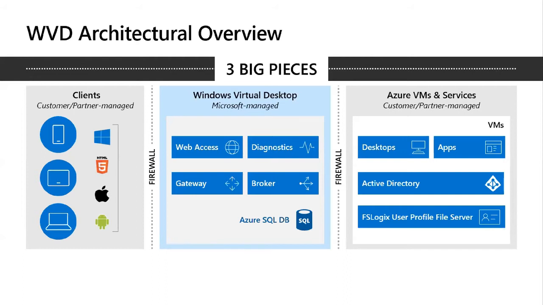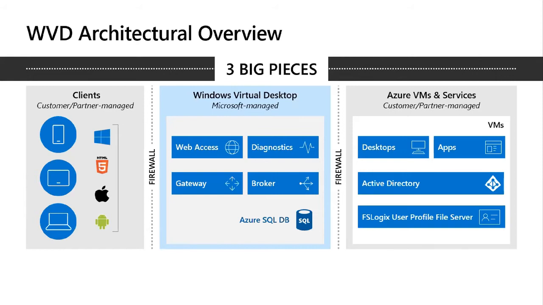The far right side is what is actually the customer's responsibility. So this represents the Azure subscription. Let's start from Active Directory, the identity portion that the customer needs to set up. If you are an Office 365 customer, you already have an Active Directory infrastructure that is synchronized from on-premise to Azure AD, and it is ready for authentication.